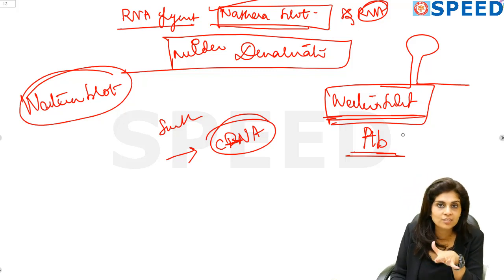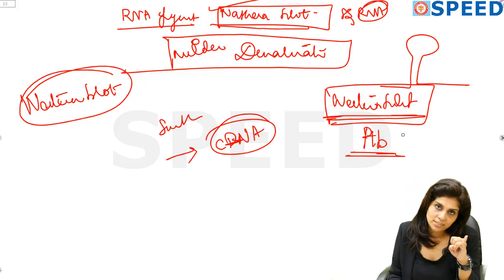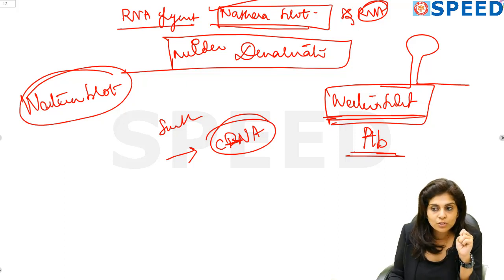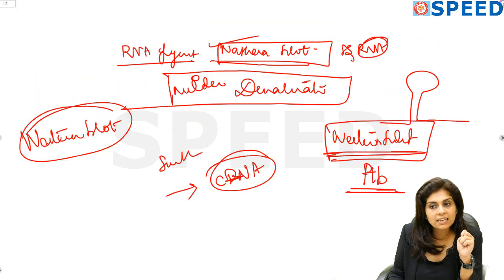Okay, that's all about southern blotting, southern hybridization, and then northern blot or northern hybridization, western blot or western hybridization. So we have learnt about restriction enzymes, we have learnt about southern blotting and southern hybridization. Now about the topic proper, it is DNA fingerprinting. So what is dactylography? You must have learnt about this, right?